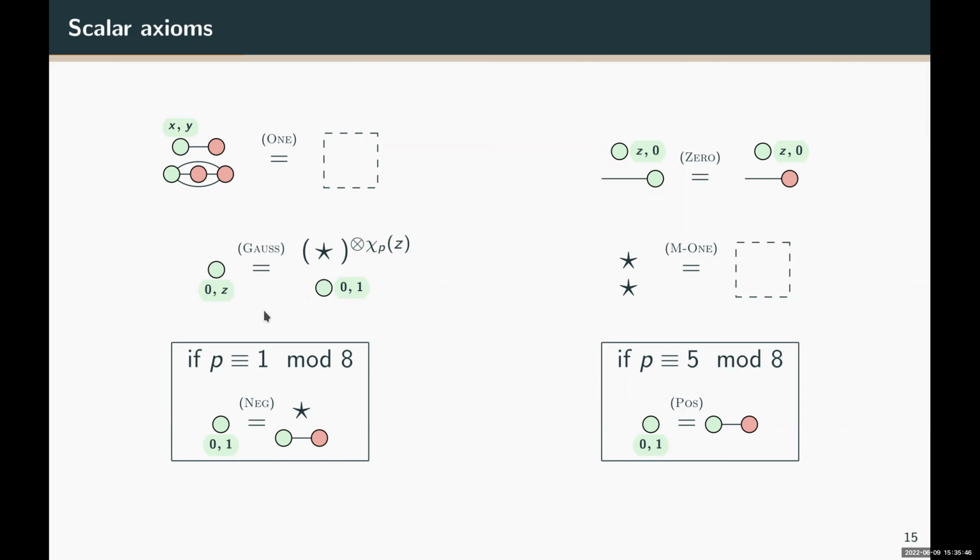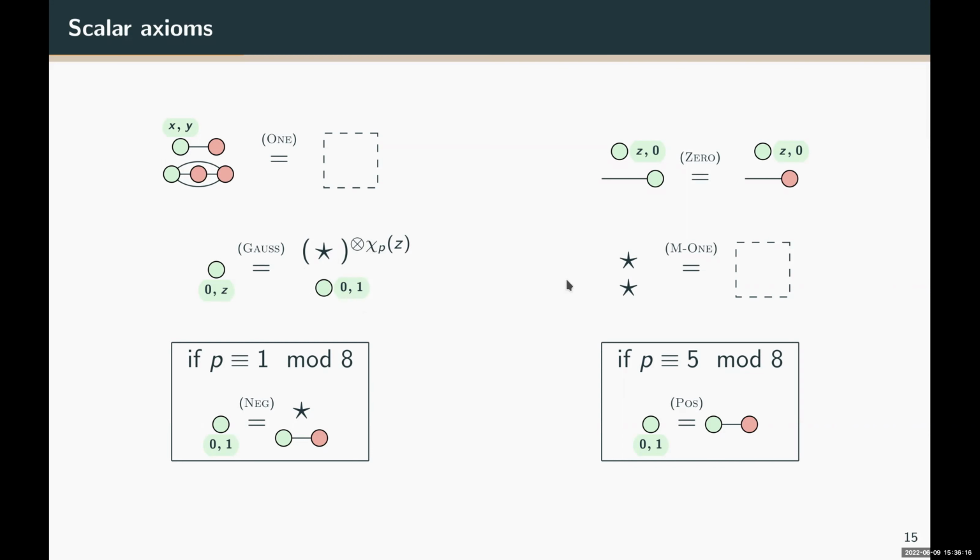What this rule is saying is that if z is not a square in Zp, then it is equal to minus 1 times the value of this Gaussian exponential sum. And if z is a square, then it's just equal to 0 to the minus 1. And this chi of p is the characteristic function of the complement of the set of squares in Zp.